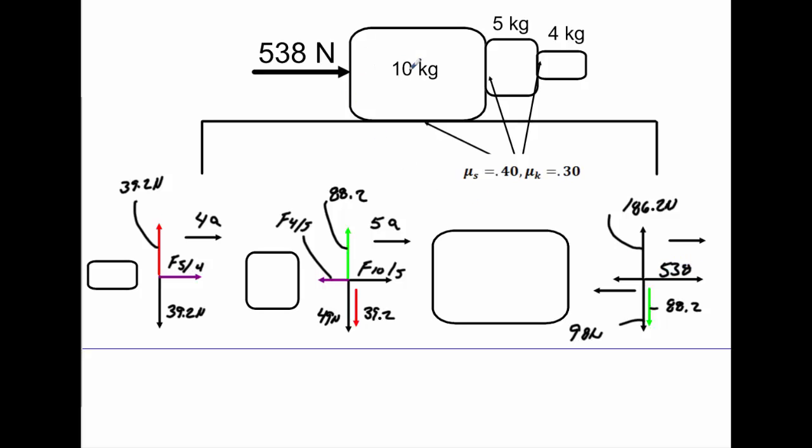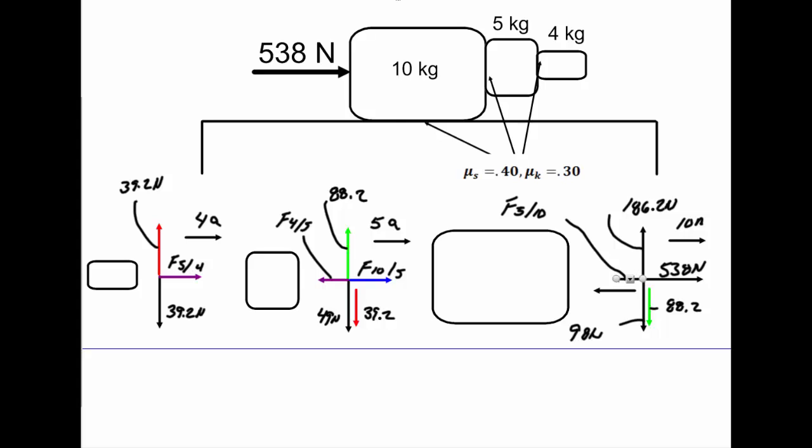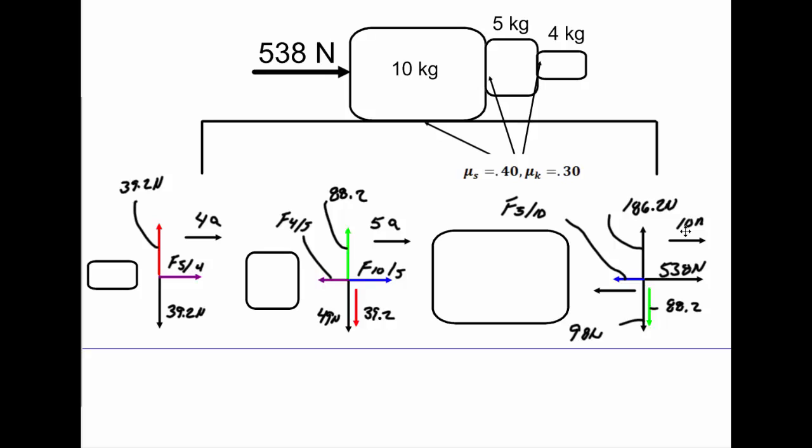Again, we're looking at all the forces on the 10. That's 538 newtons coming this way. We'll have 10a coming back this way. We'll have this force, which is the force that the 5 is pushing onto the 10. Again, we have another set of force pairs, which I'll make blue.